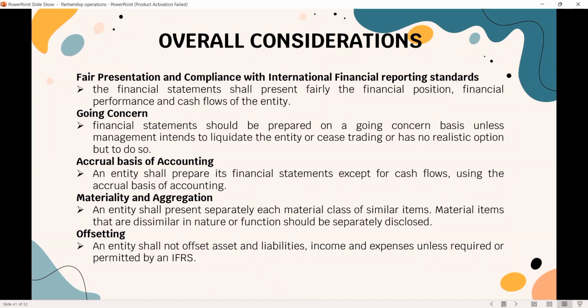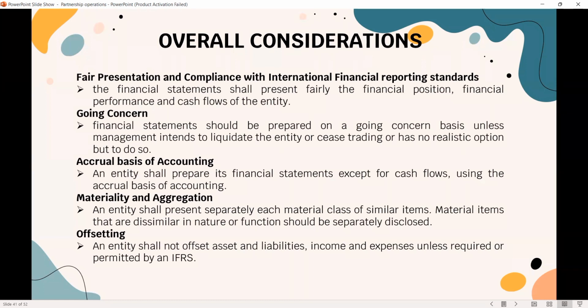It means na, syempre, if you are providing financial statements fairly, dapat for you to provide reliable information. Dapat, syempre, hindi kailangan may misinformation na ilalagay. Tapos dapat it is complying with the IFRS or the reporting standards ng financial statements.